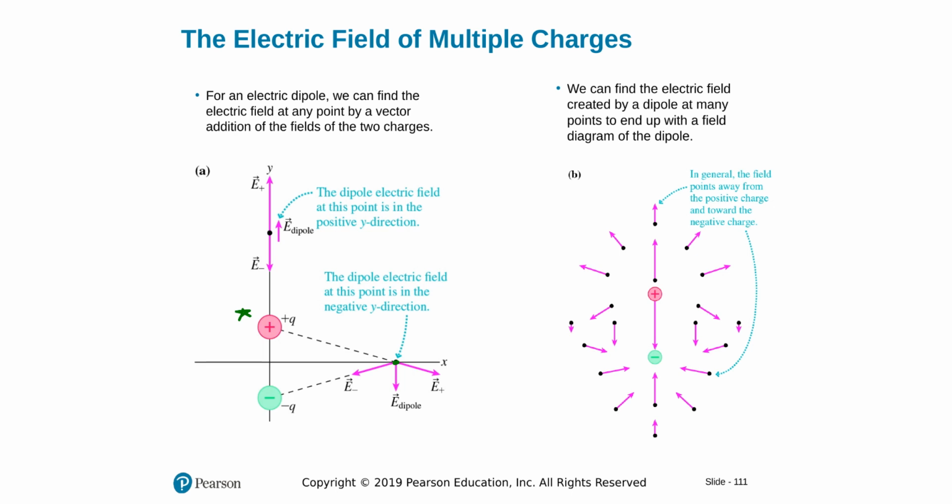We know this guy pushes down, down, and overall I can easily see that the X components will cancel here because they have the same angle, same distances, same charges, right? Q plus, minus. So E plus X and E minus X would cancel, and I can guess easily that the electric field will be down here. You will do a calculation of this in class soon. Alright, that's all I'm going to tell you about this, and we'll go back to it in the future.